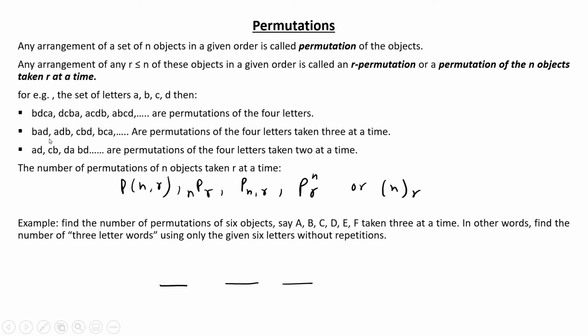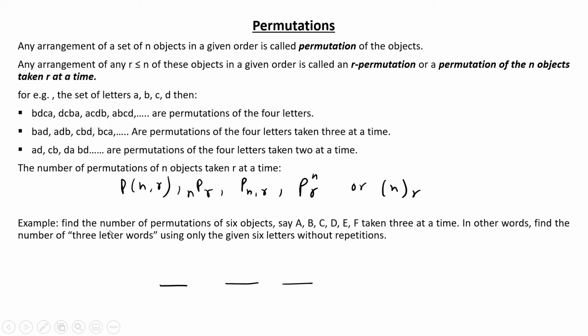BAD, ADB, CBD, BCA and so on are permutations of the four letters taken three at a time. And AD, CB, DA, BD and so on are permutations of the four letters taken two at a time. The number of permutations of n objects taken r at a time can be represented in many ways, like P(n, r), nPr, or like this.